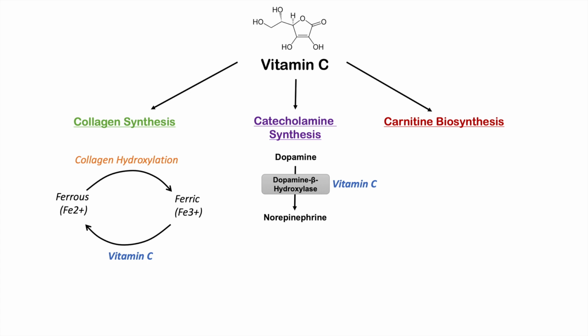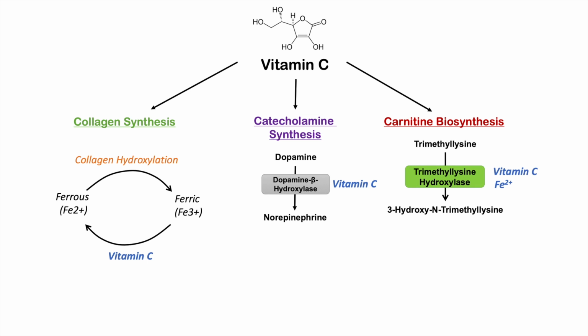And the third process where vitamin C is required is carnitine biosynthesis. In carnitine biosynthesis, there's actually a couple of enzymes. The first enzyme in the pathway requires vitamin C, so the conversion of trimethyllysine to 3-hydroxy-N-trimethyllysine by the enzyme trimethyllysine hydroxylase requires vitamin C and iron, Fe2+.